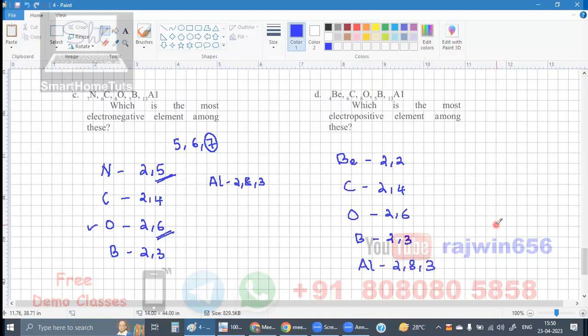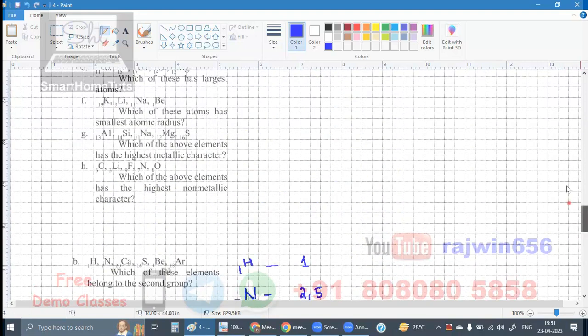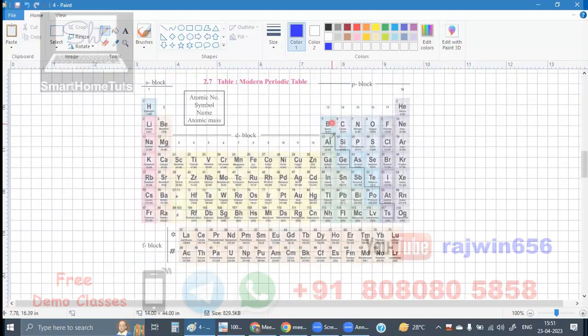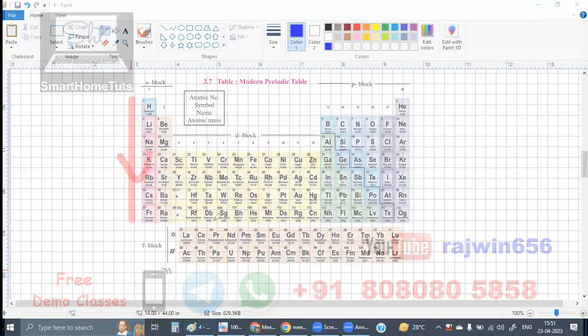Now, as we have considered here, lesser the number of electrons in the outermost shell, more electropositive it is going to be. But one more factor also we have to consider over here as we are coming down the group. This is the periodic table. As we are coming down the group, the electropositivity is going to increase. It is going to become more and more metallic.